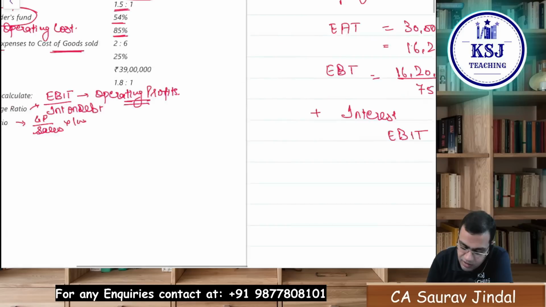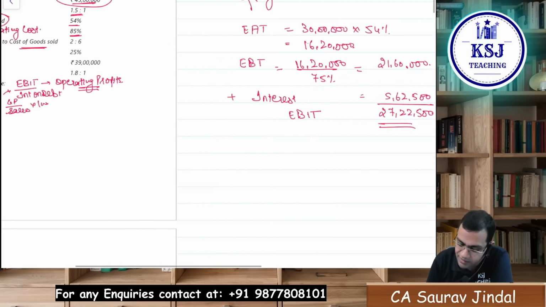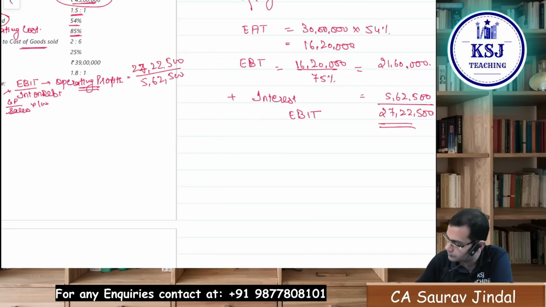Now you can calculate this interest coverage ratio, that is 27,22,500 divided by interest on debt of 5,62,500. So it is 4.84 times. It will be in times, right? It will be in times coverage ratio.